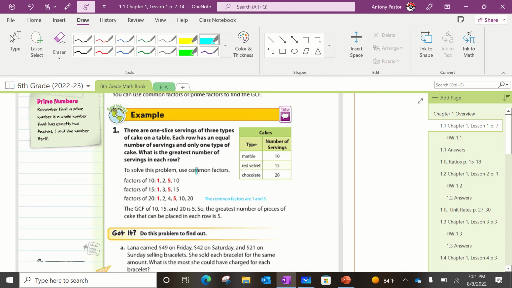To solve this problem, we use common factors. We are going to be utilizing the numbers 10, 15, and 20. Over here, they already list our factors of 1, 2, 5, and 10 for 10, 1, 3, 5, and 15 for 15, and 1, 2, 4, 5, 10, and 20 for 20. Now, let's take this information and let's try to do this in an easier fashion.